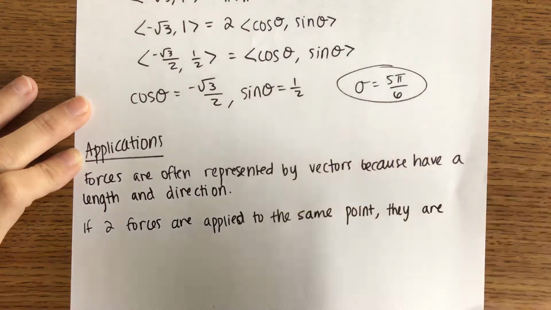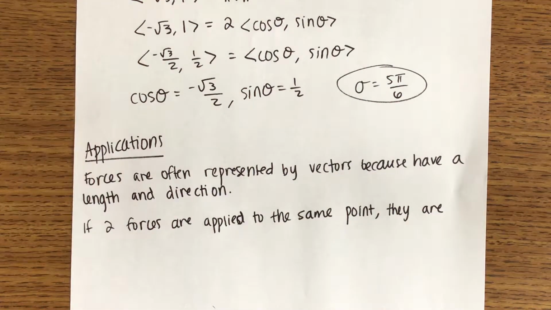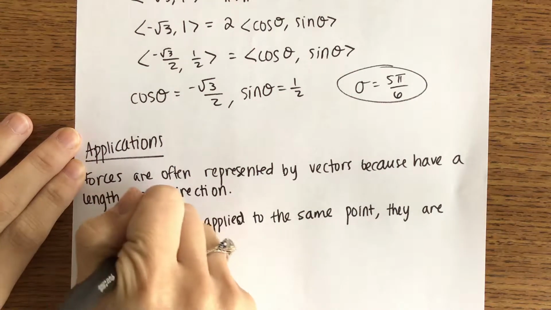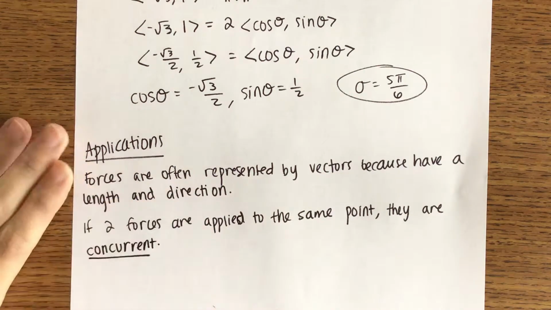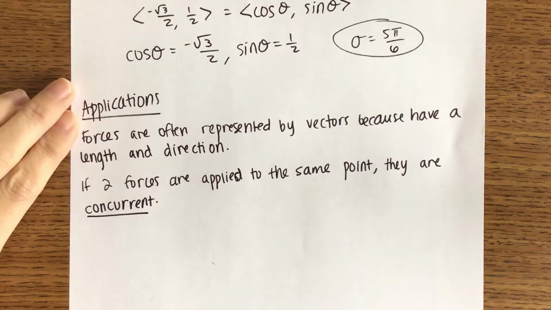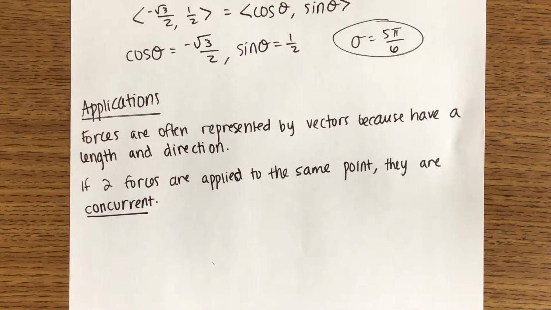Starts with a C. Okay, I'll tell you. They're called concurrent. Is that a term that you've heard in physics or anything? Yeah, so concurrent forces are applied to the same point.